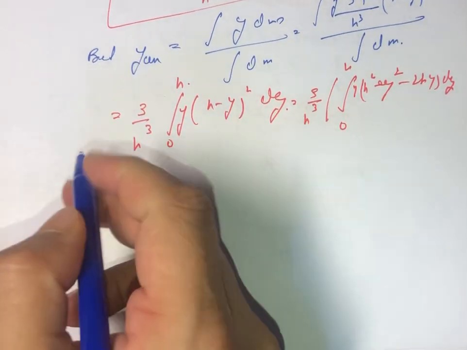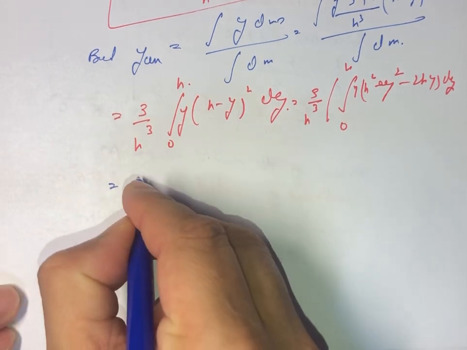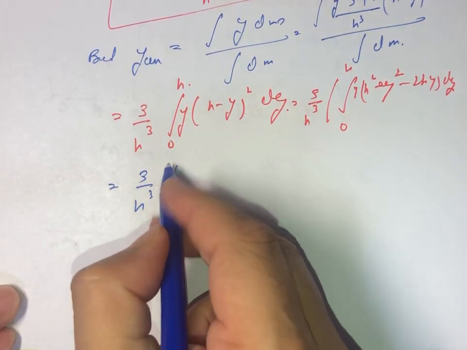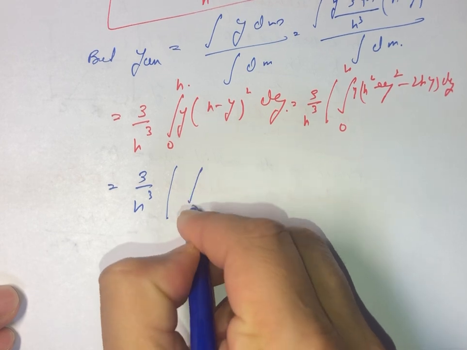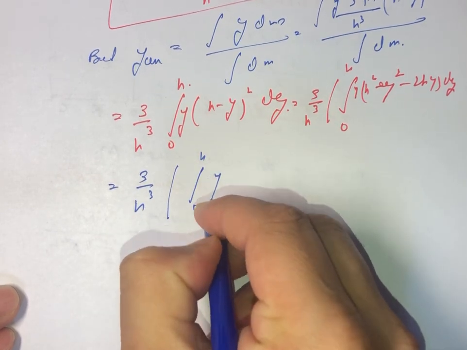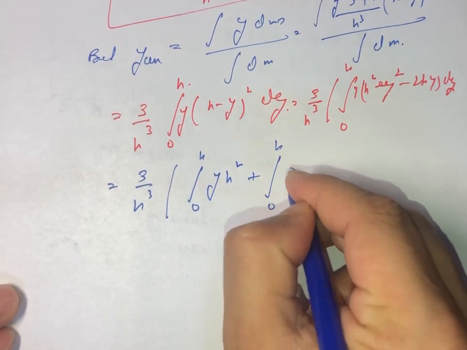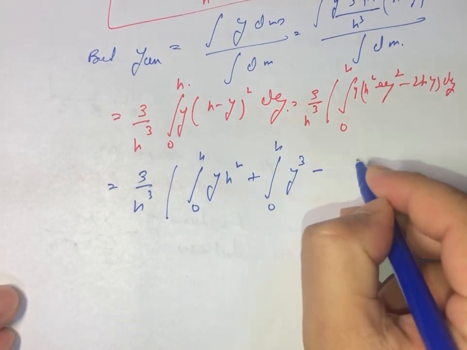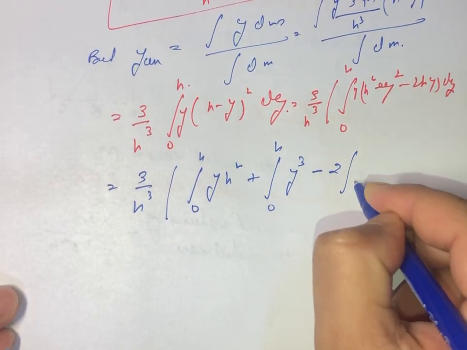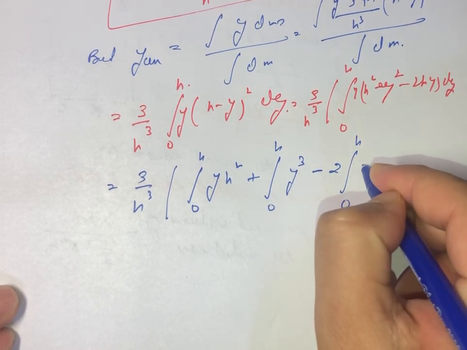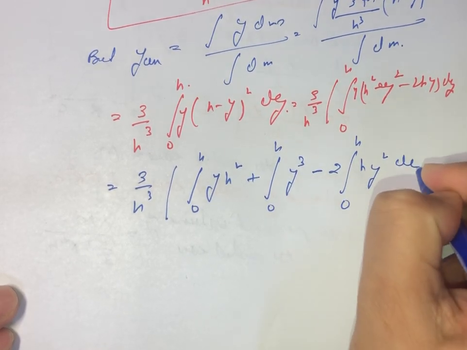And this can be further written as 3 upon h cube multiplied by integral 0 to h of y h square, plus integral 0 to h of y cube, minus 2 integral 0 to h of h y square dy.